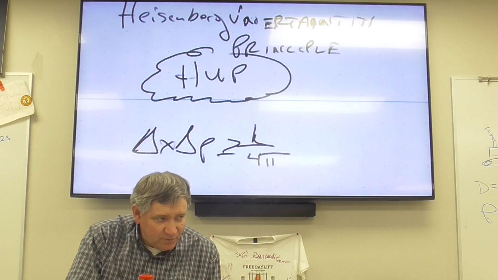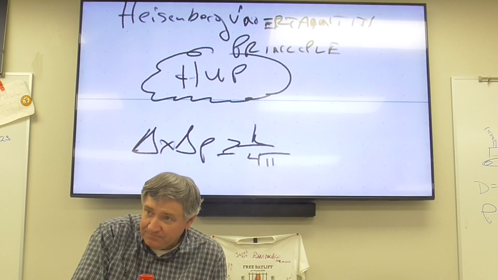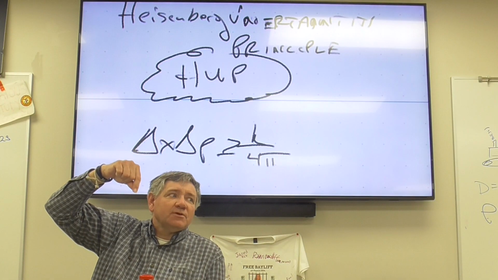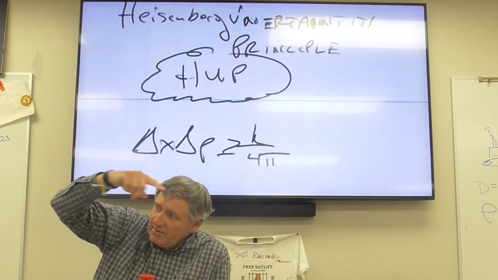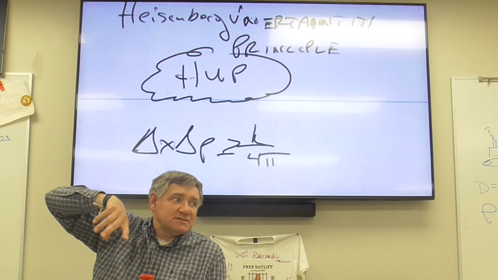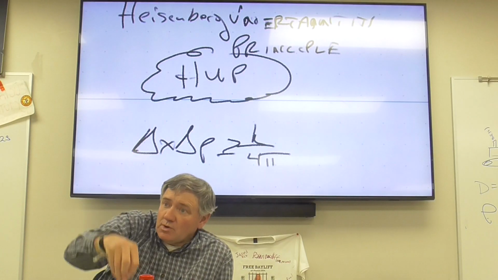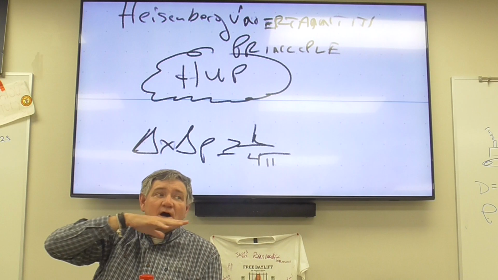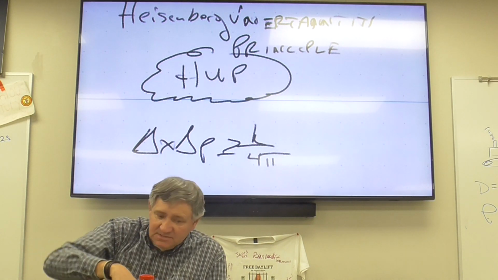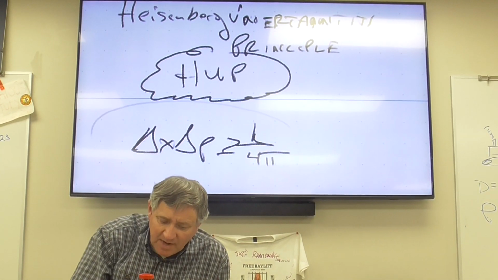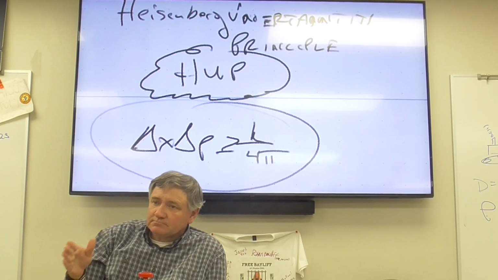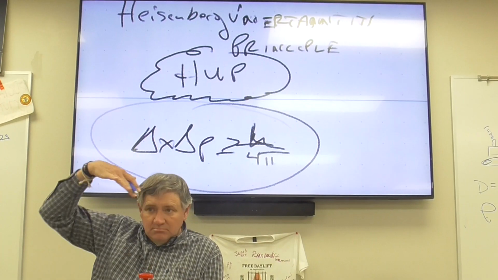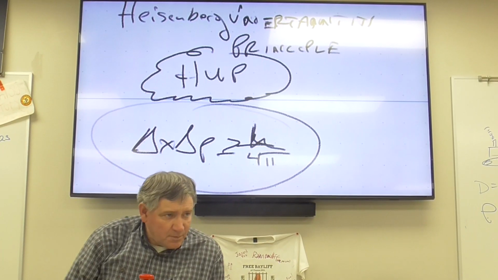By the fact that you found it, by kicking it, that's like hitting it with a photon, then you've lost track of what the possibility of the velocity could be. So if you know where it is, then by the act of finding it, you've lost the other side of this. So this is why these two values are multiplied together, because they reach the same value of h, which is Planck's constant, over 4 pi.